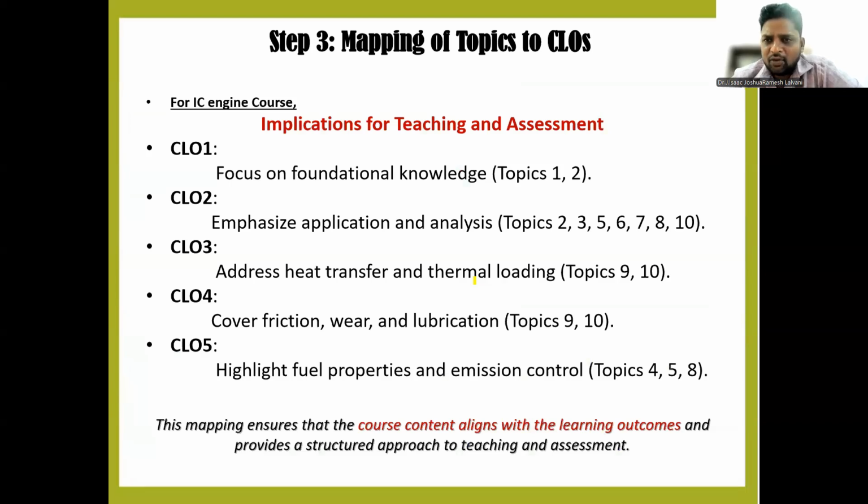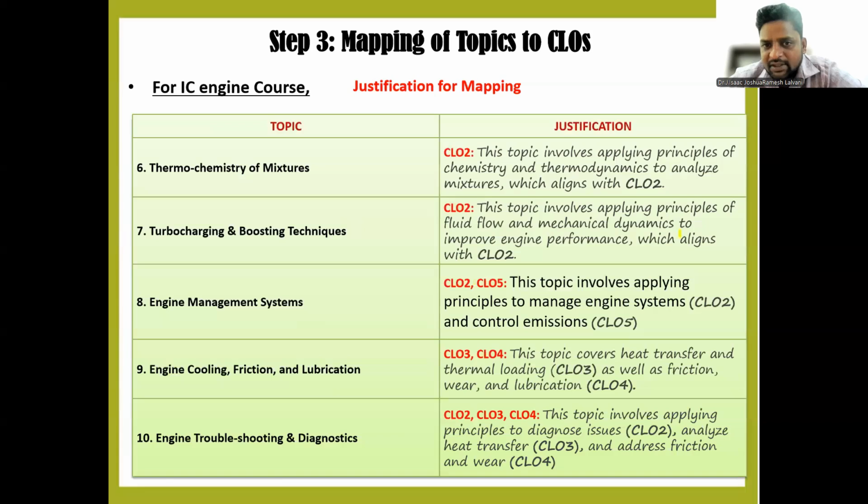After this, the mapping of topics to the CLOs is finished. Now you can see CLO1 focuses on foundational knowledge, topics 1 and 2. CLO2 will be topics 2, 3, 5, 6, 7, 8, 9. Previously we made CLO2, CLO3, CLO5 like that.